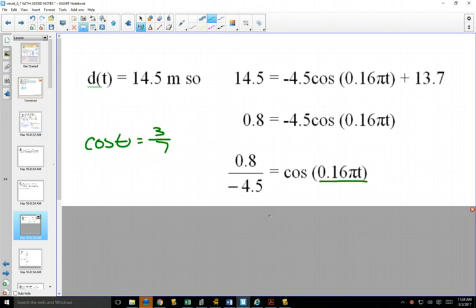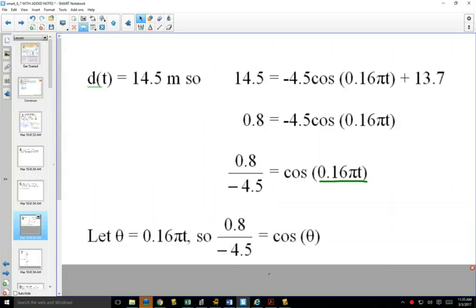So what mathematicians do when things look complicated inside and they know how to solve something simpler, they just make it simpler. They say, let's make theta equal to that big ugly thing inside the brackets. So then that'll change this equation to just be cos theta equals this.